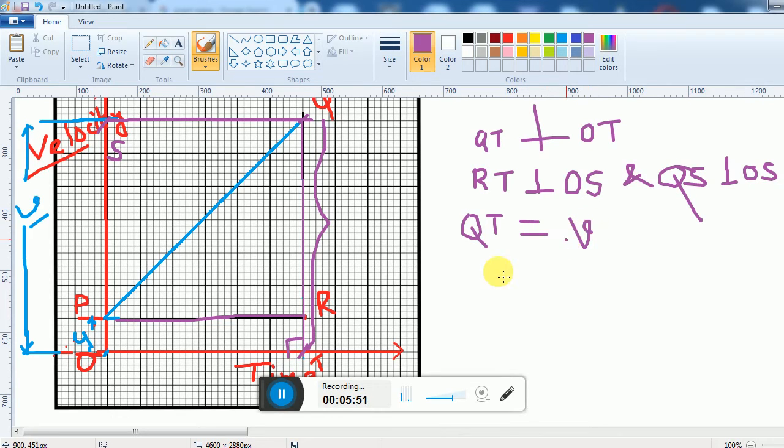And PO is equal to RT, so PO and RT are the same, and RT is equal to u, the initial velocity.